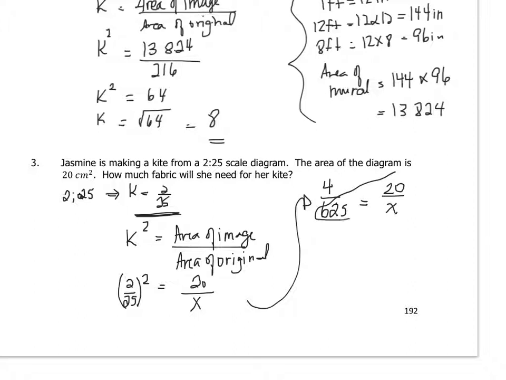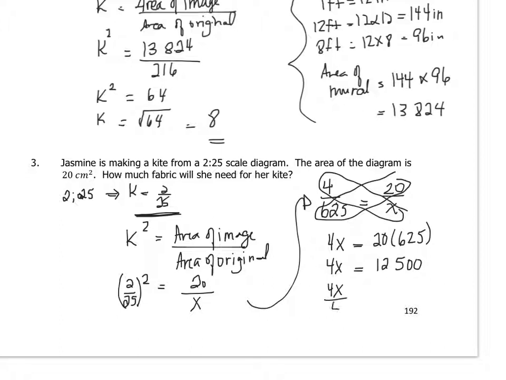Then you can cross multiply and get 4x equals 20 times 625, which is 4x equals 12,500, and then x would just be dividing both sides by 4. So x would be 3,125 centimeters squared of fabric is needed.